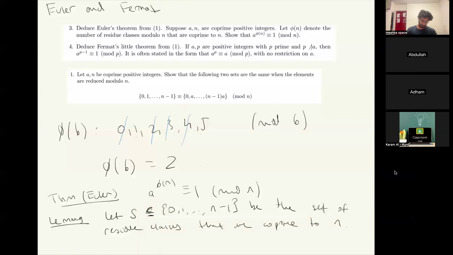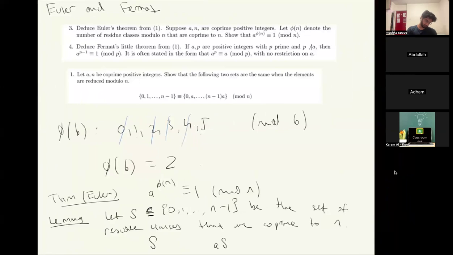So what does the lemma say? We have S, and then we also have A times S. What do I mean by A times S? I need to define what that means.